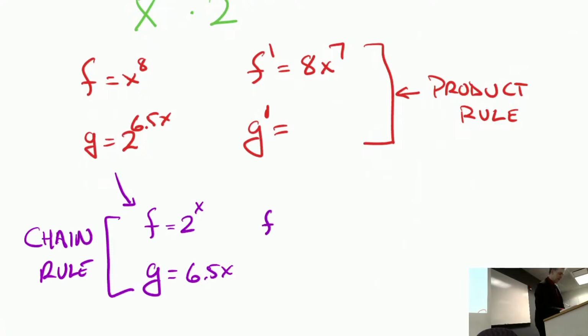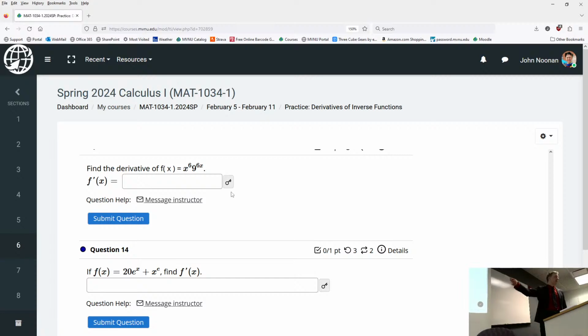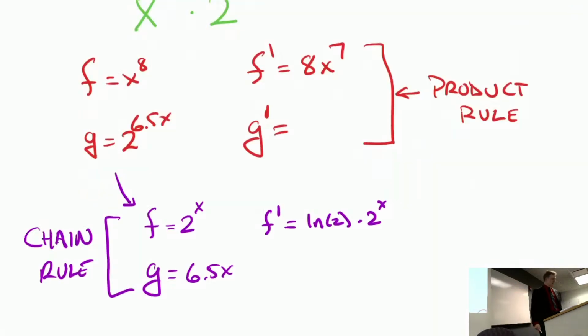So here, little f prime, or purple f prime, is natural log of 2 times 2 to the x. By the way, if that was 3 to the x, it would be natural log of 3 times 3 to the x. Or like mine over here, this would be natural log of 9 times 9 to the x. But here I've got natural log of 2 times 2 to the x.